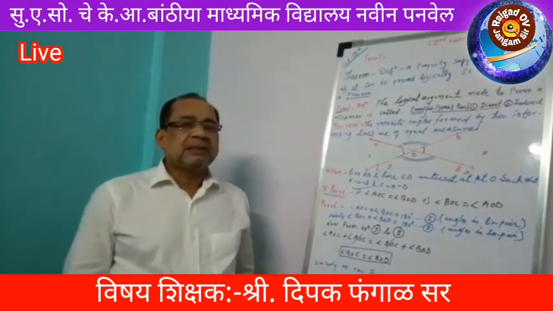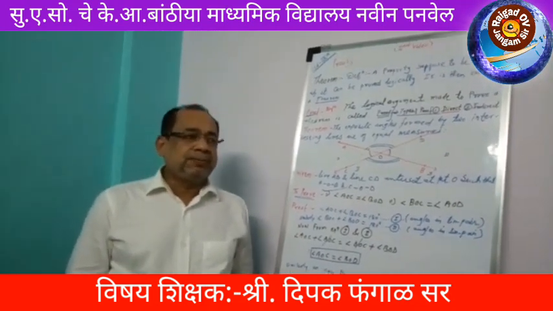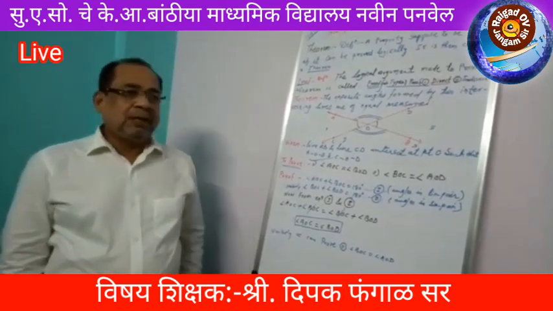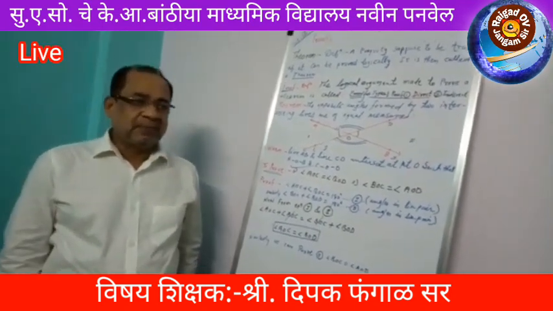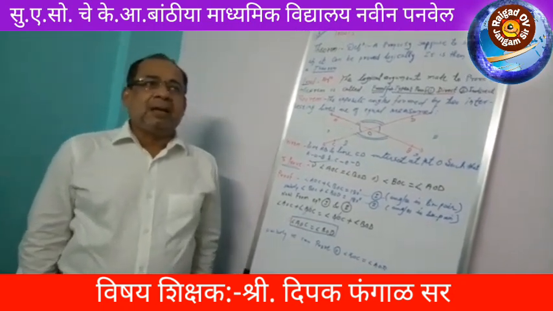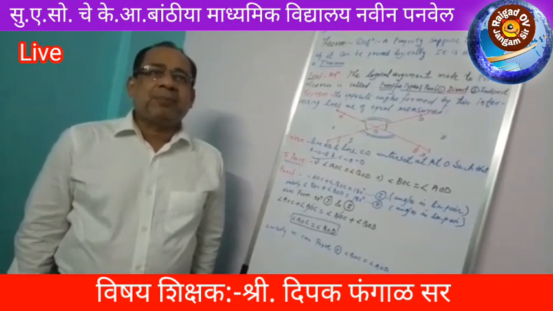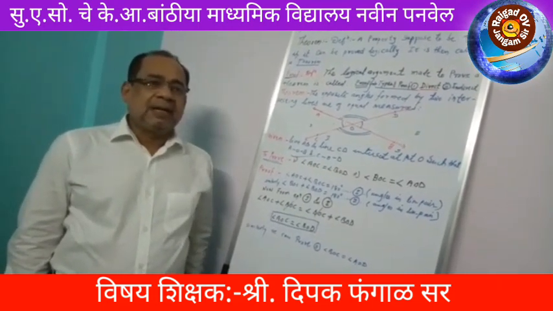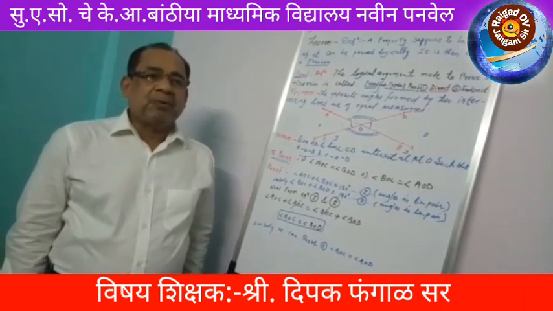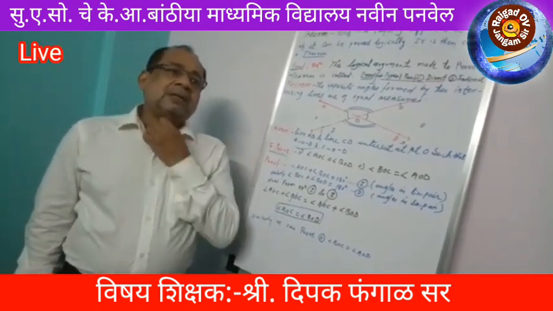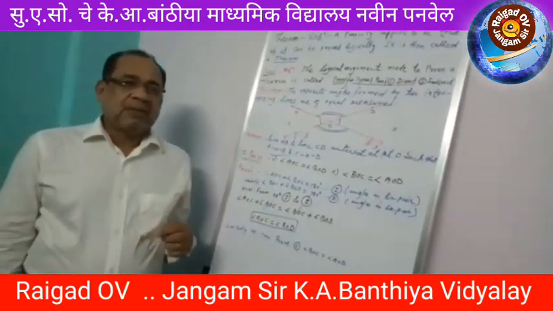Now I will explain the converse statement with the help of an example. Listen here. If two sides of a triangle are congruent, then angles opposite to them are congruent. This is the conditional statement.